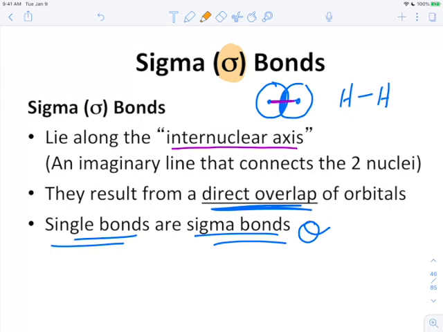What do you mean by the node for the sigma bond? Sorry, I typed slow. Oh, no problem, no problem.